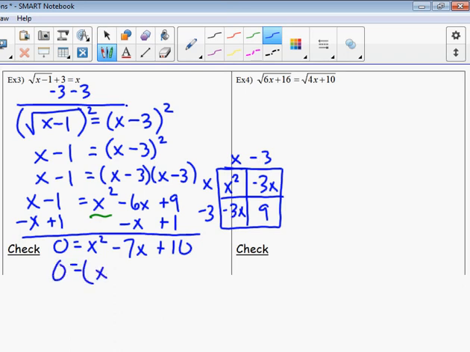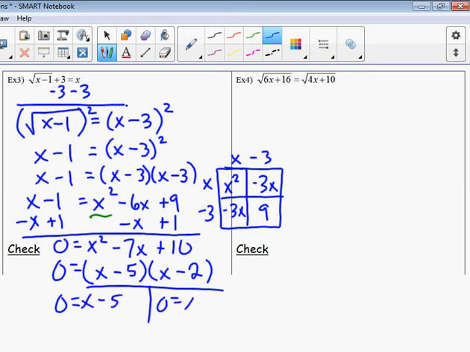Easiest method is just going to be to factor, and then set each one of those factors equal to 0. And when we do so, we're going to end up with two answers of x equals 5 and x equals 2.